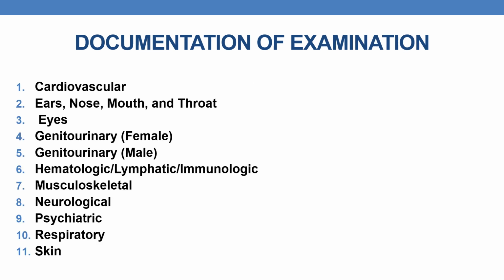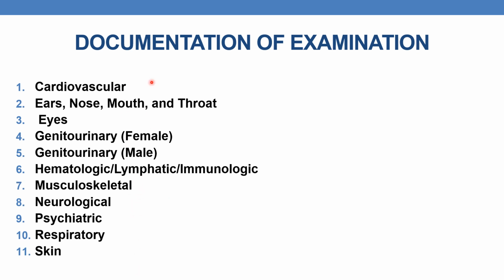Various organ systems that are recommended for the documentation of examination are cardiovascular, ear, nose, mouth and throat, eyes, genitourinary male and female, hematologic, lymphatic, immunologic, musculoskeletal, neurologic, psychiatric, respiratory and skin.